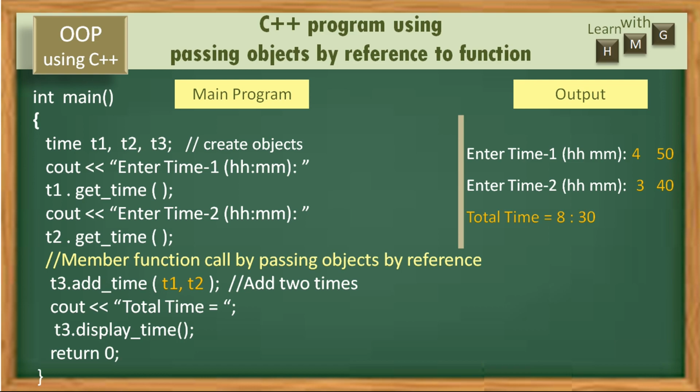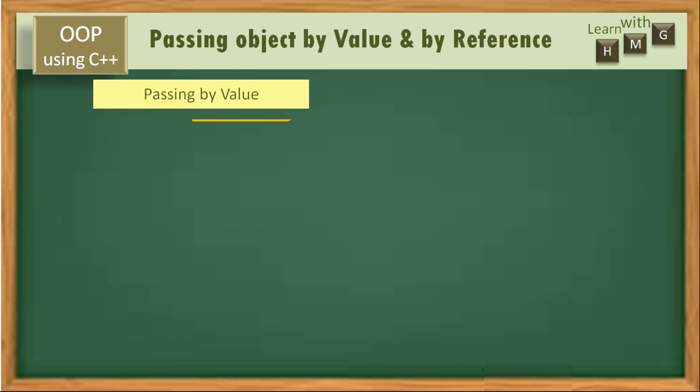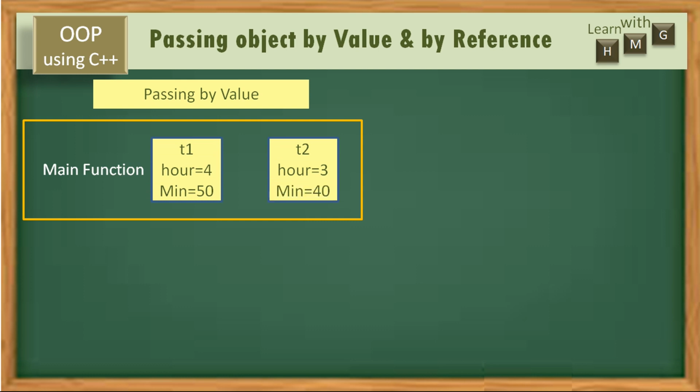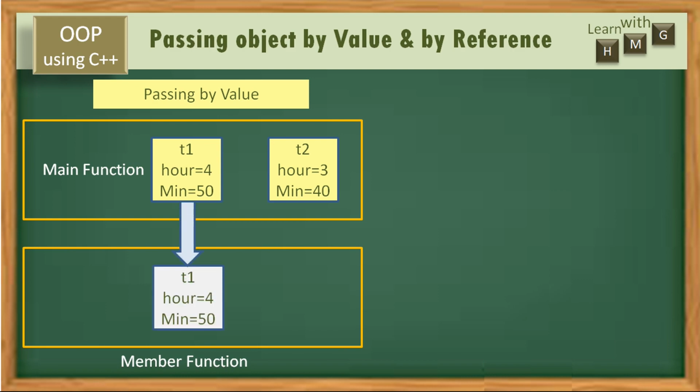So in this way the complete C++ program is implemented using passing objects by reference to function. Let us understand the concept again with the help of diagram. So here passing by value. In the main function the time T1 is there, time T2, these are the 2 objects, and in member function the copy of these 2 objects is created.